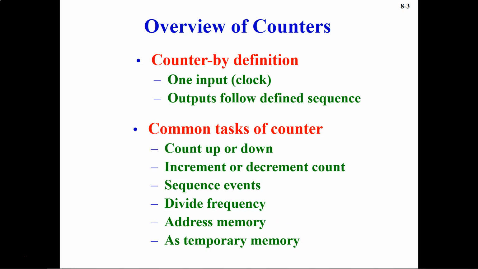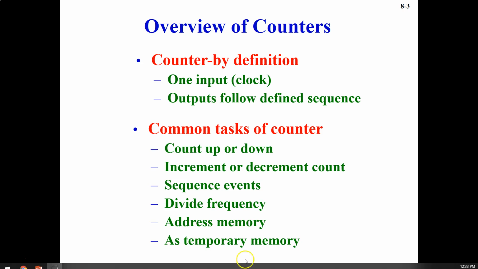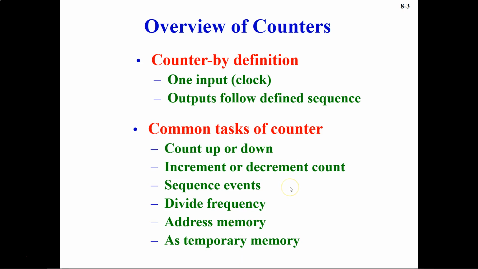A not so common function, which you might not know, is that it can divide the frequency, it can address the memory, and it can serve as a memory unit.